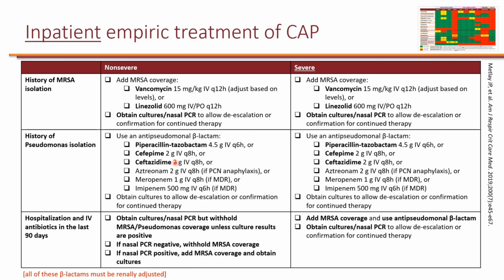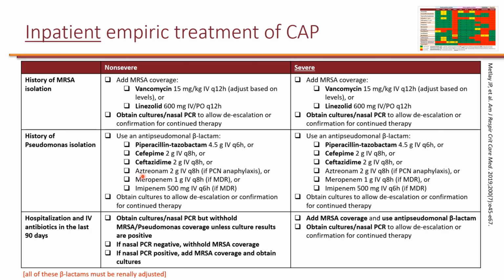So either piptazo, cefepime, or ceftazidime. And for patients who have penicillin allergy, where the reaction is anaphylaxis, we can use aztreonam, because aztreonam doesn't have the same side chain as the rest of the beta-lactams, with the exception of ceftazidime, and the core is very different.